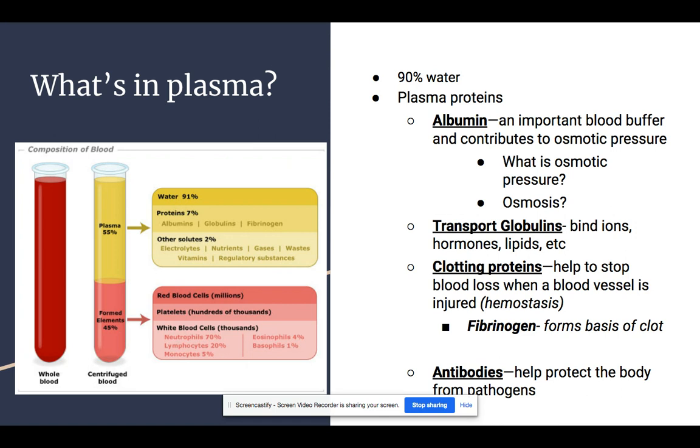So plasma, a little bit of a deeper look at it. It's actually made of 90% water. So again, that's where that fluid part comes in. But then we've got some different proteins that are floating around in the plasma as well. The first one is albumin. And what it does is it contributes to osmotic pressure.